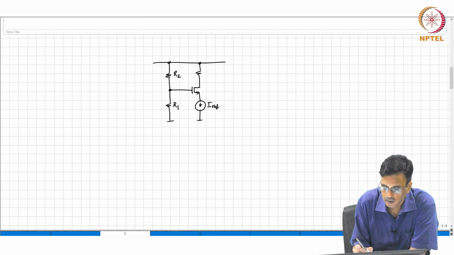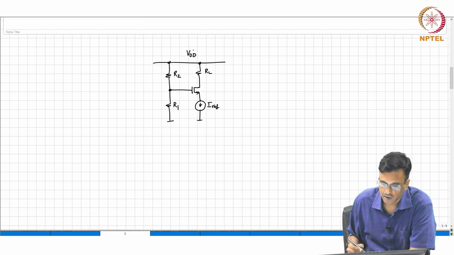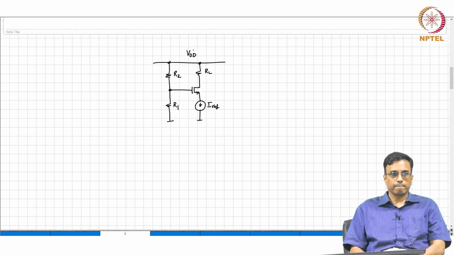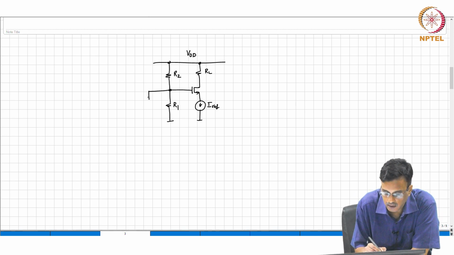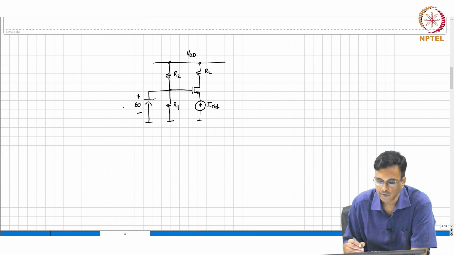This is RL, this is VDD. All right, so I bias the transistor. Now what should we do to make it a common gate amplifier? Capacitor at gate, right? Very good. What else?